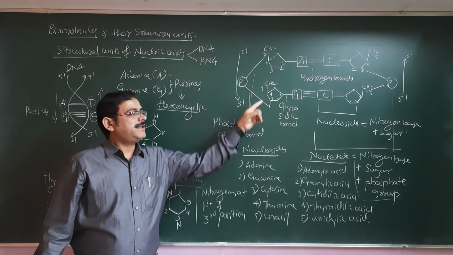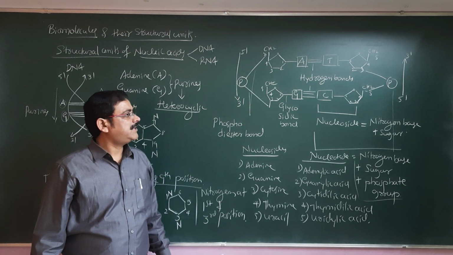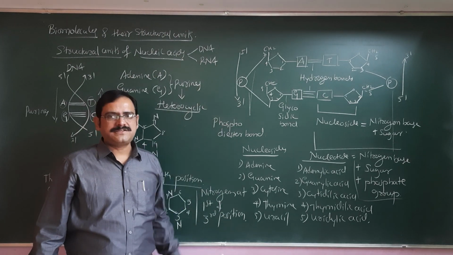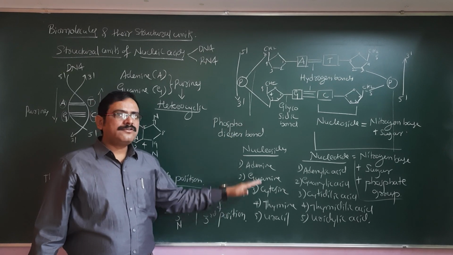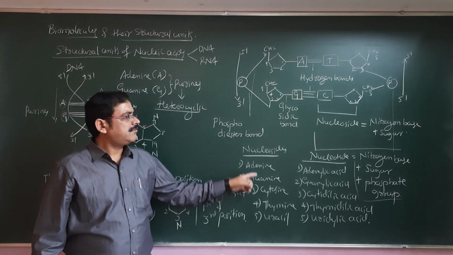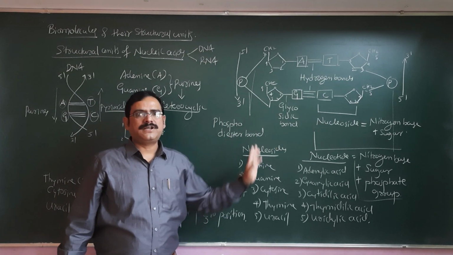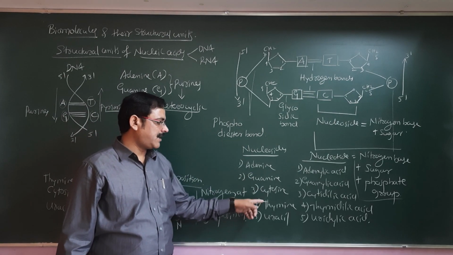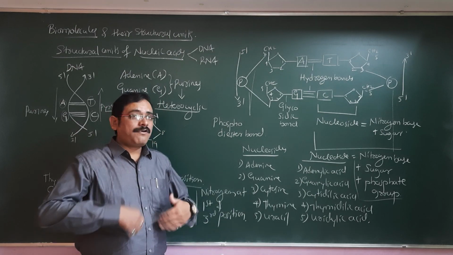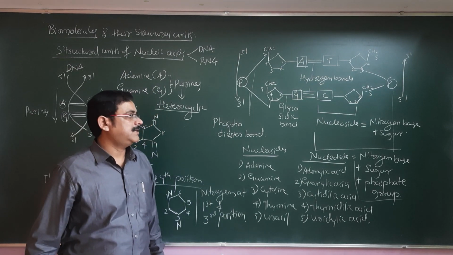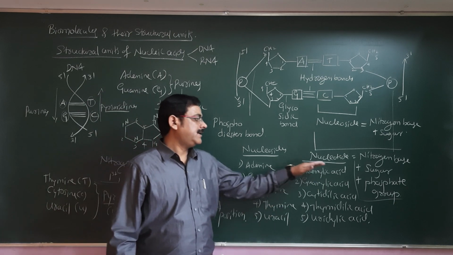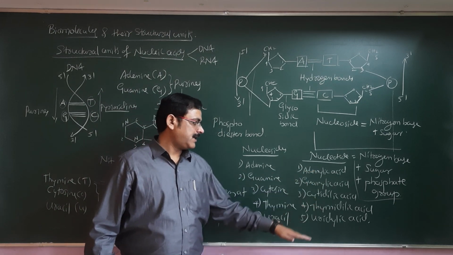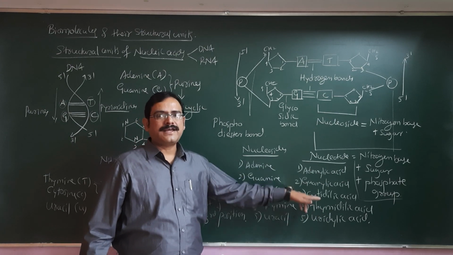A nitrogen base is always attached to the sugar by a glycosidic bond, and the sugars one after the other are attached by phosphodiester bonds. A nucleoside means nitrogen base plus sugar; it can be adenine, guanine, cytosine, thymine or uracil. If a phosphate group is also attached, they are called adenylic acid, guanylic acid, cytidylic acid, thymidylic acid and uridylic acid; these are the nucleotides.